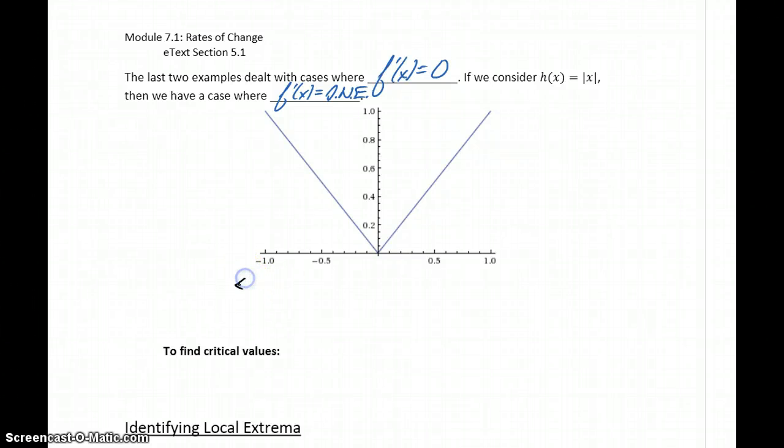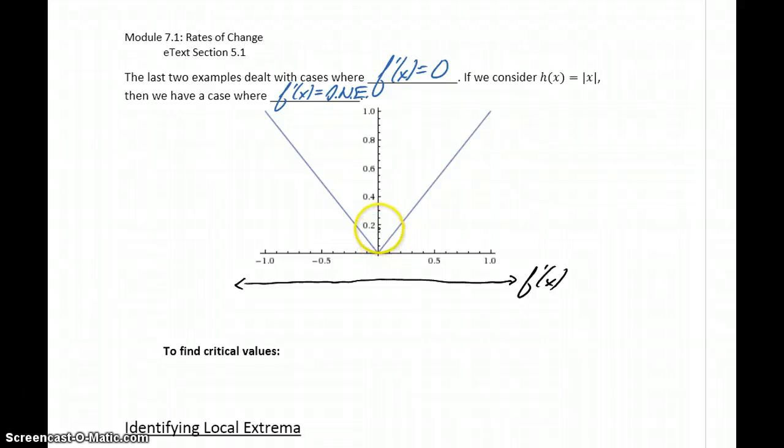So if we construct a sign chart again for the first derivative, we talked a few modules back about how for the absolute value of x at x equals 0, that derivative is going to be undefined. You can look back in your notes, but the idea basically comes down to our function decreasing as we approach from the left and increasing as we approach from the right. So our function can't be increasing and decreasing at the same time. So our derivative is undefined or does not exist. I'm just going to mark that with an x rather than a 0.